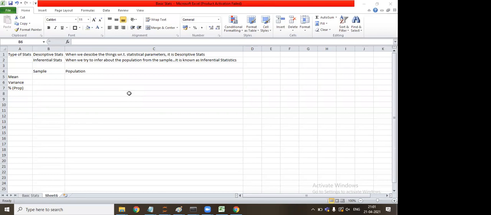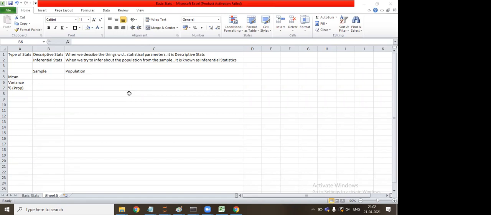Yes, sir. So that means if we have any data given, we can perform both descriptive and inferential statistics on that data. If you have a sample, then you can perform both. If you have a population, then you can only perform descriptive. So, sir, when we have the data, do we get to know whether it is a sample or the population? Yeah, definitely.